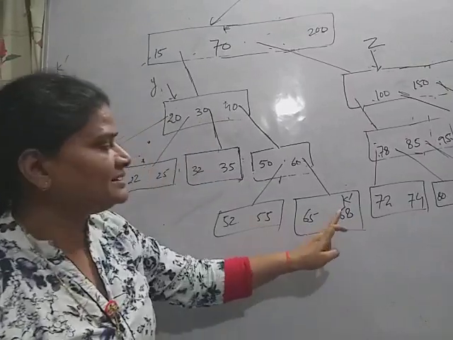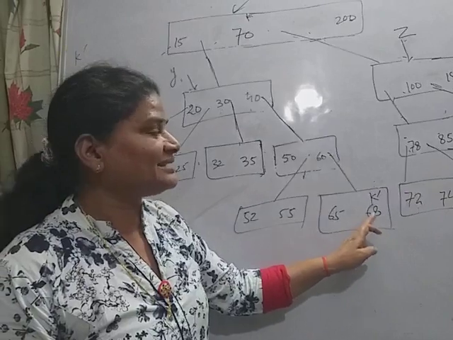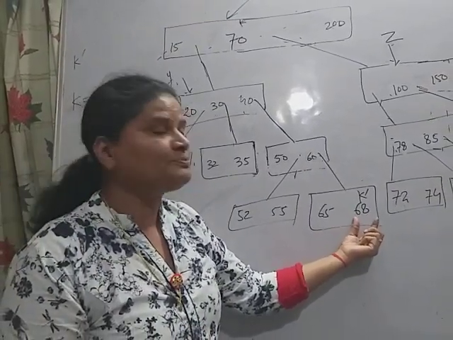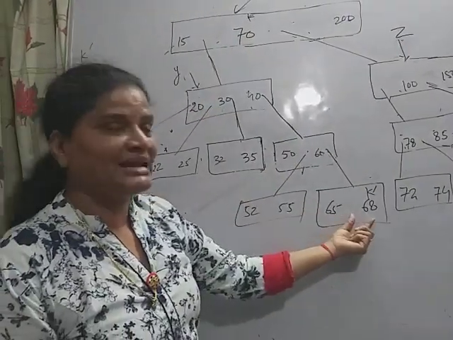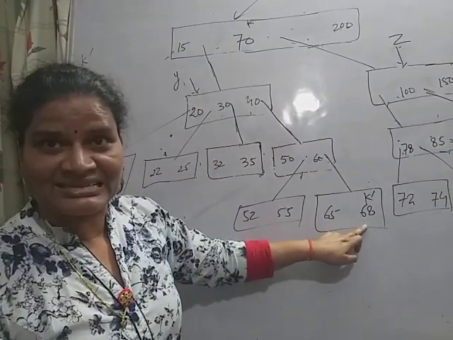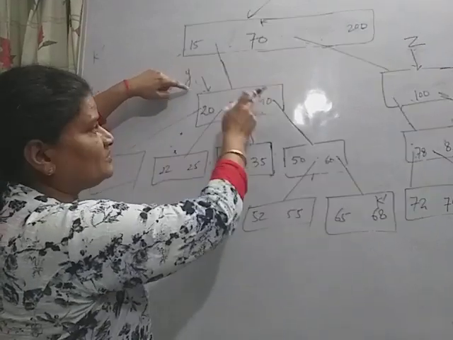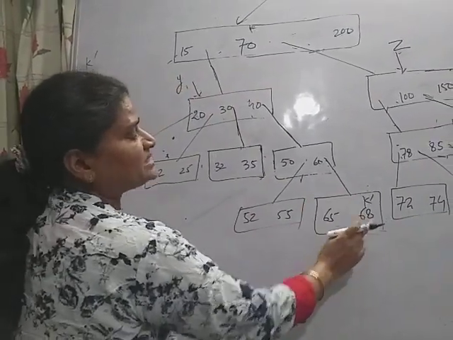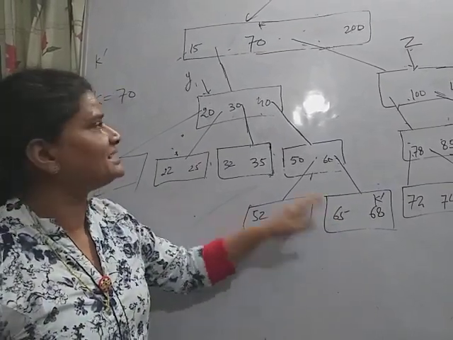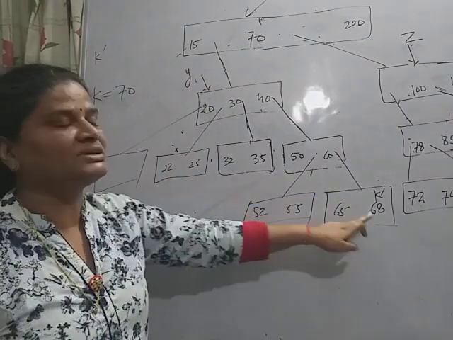So the 68 will be removed from here, and the problem is simply to find the immediate predecessor of k, that is k dash, then replace k by k dash, and then delete k dash from this leaf node. Recursively we delete k dash in a single downward pass from this node y to this node.